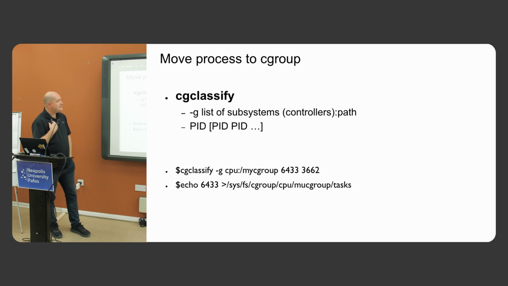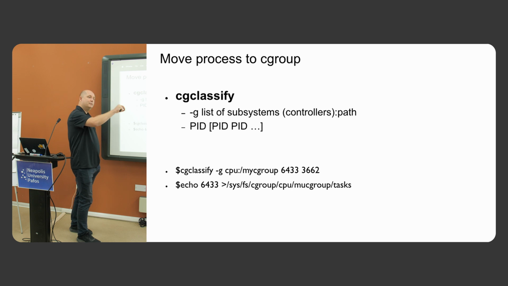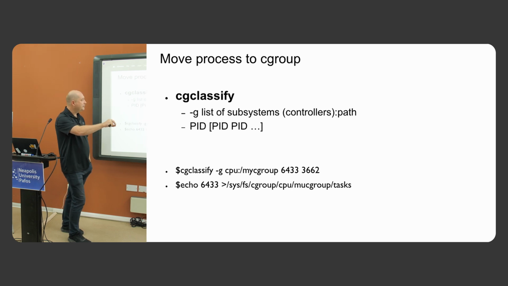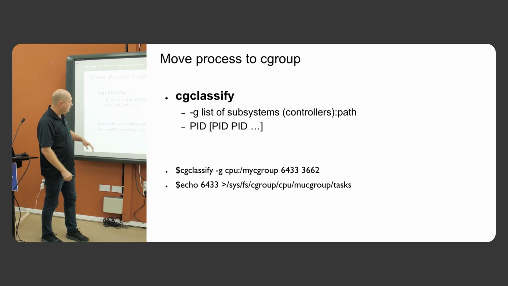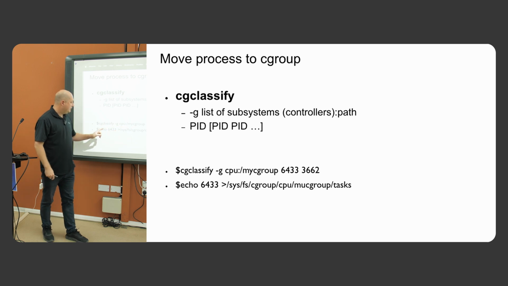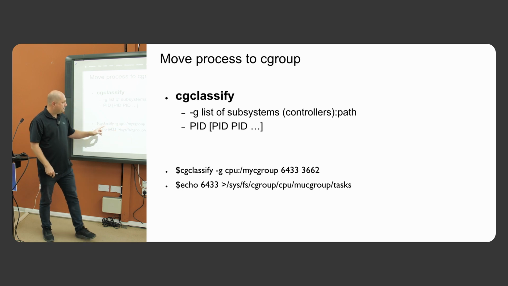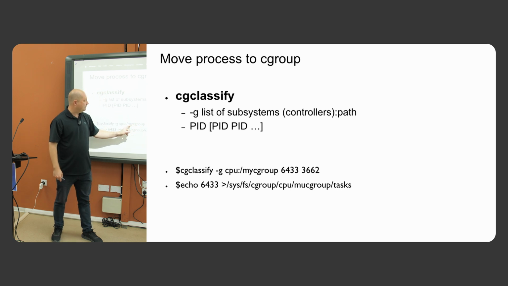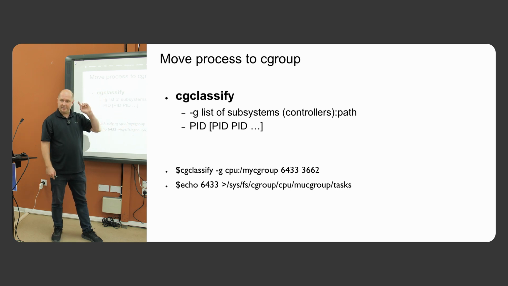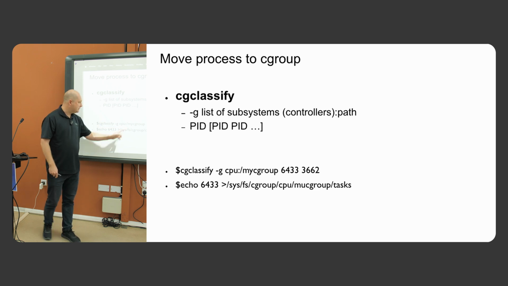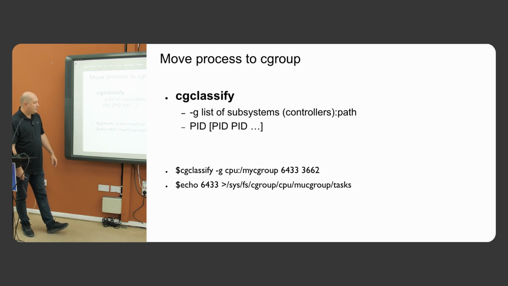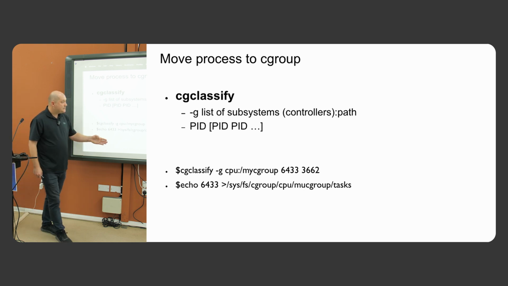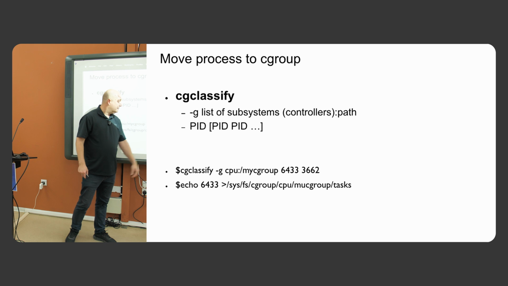I can classify the process. I can pick the process and put it in the group, right? And it looks like this. I'd like to classify this set of processes to this group. You remember, I created it and mounted it to this place. And in each group, I have a special file, tasks.